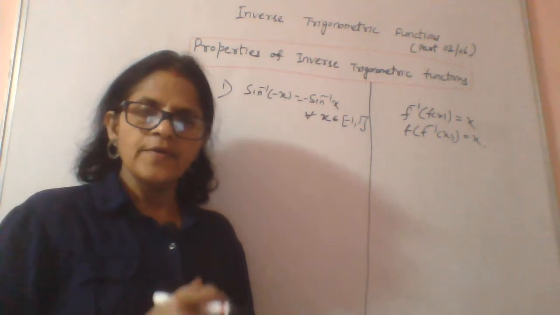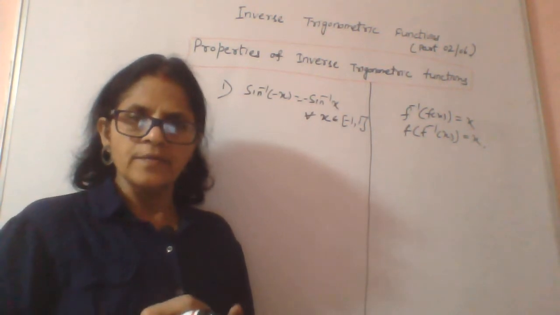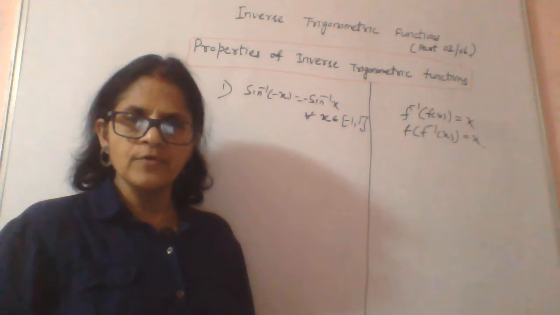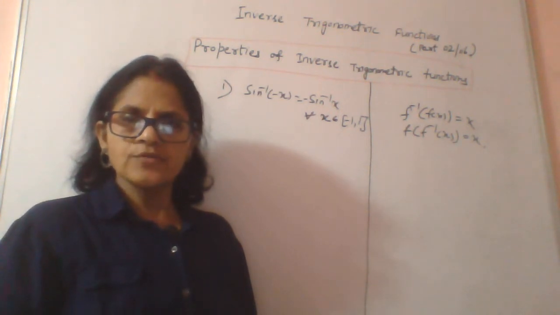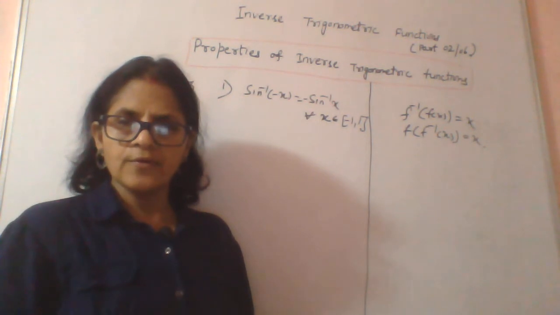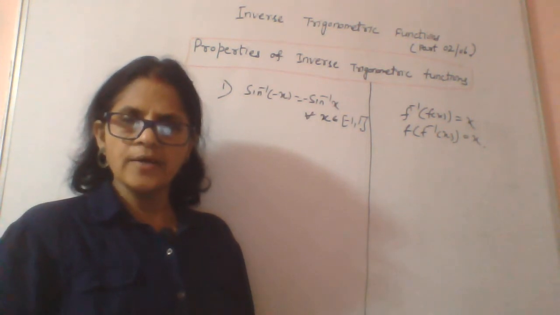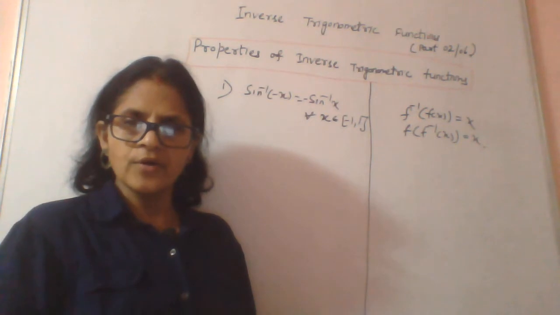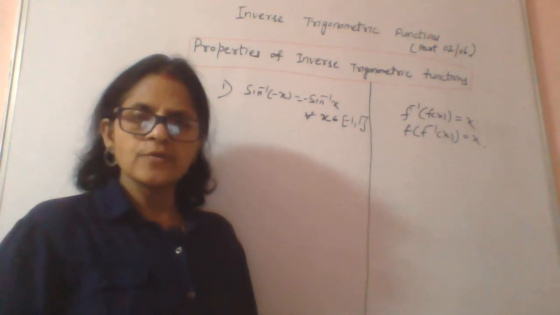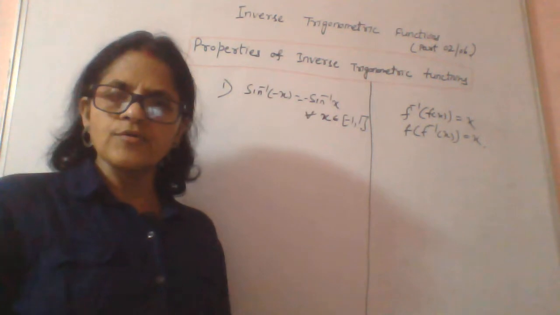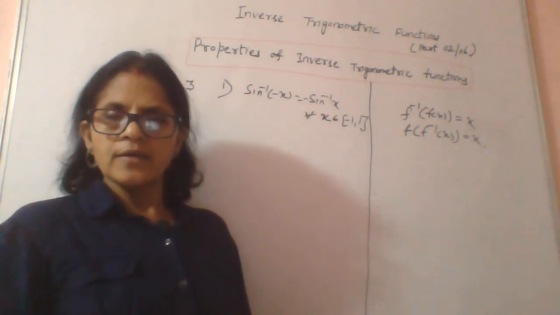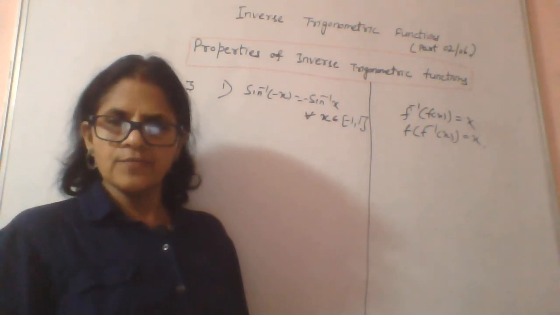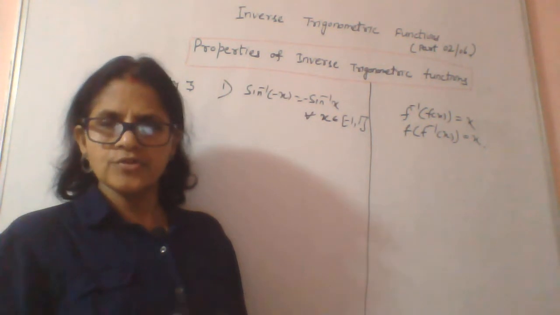Let me tell you, in inverse trigonometric functions, you may think of something as a formula, but in fact each formula is a question. So do not think I have to just remember it and not solve it. All the formulas are questions here, so try to derive each and every formula so that you can really enjoy the topic.